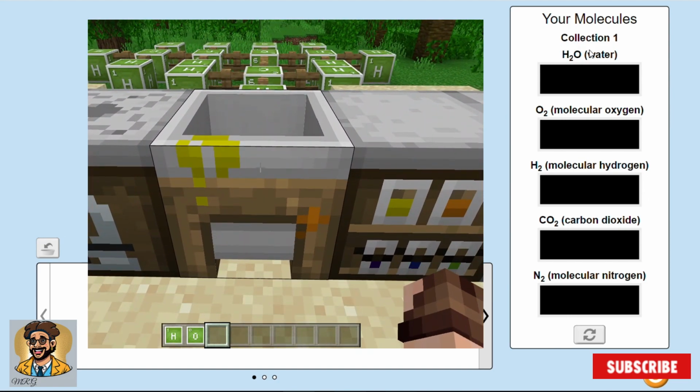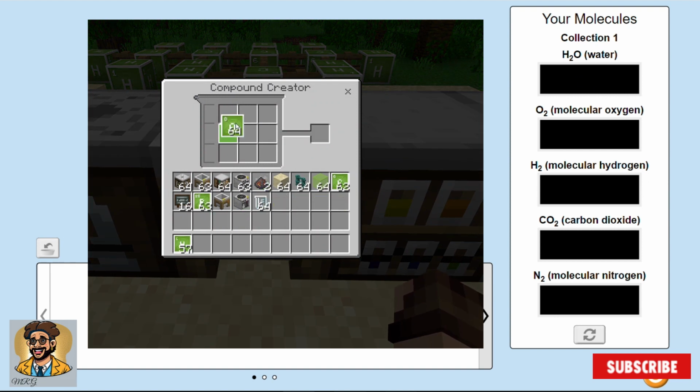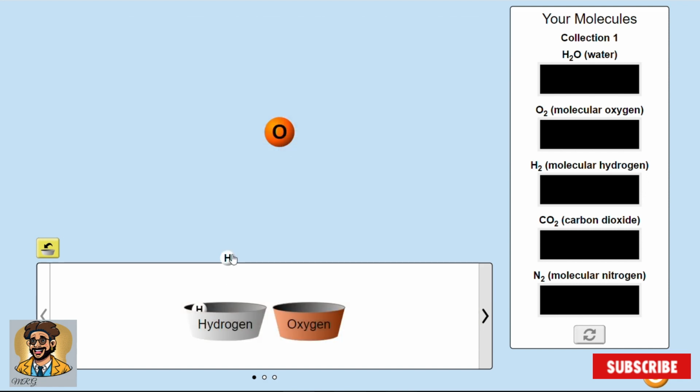2 hydrogen and 1 oxygen atom in this specific compound. So we're going to have 1 oxygen. We take it here. If you are doing it in the book, you have to draw a circle with the O, which represents an atom of oxygen. Now, how to place the atoms of hydrogen there? It's not in any shape, rather it is in this specific angular shape.